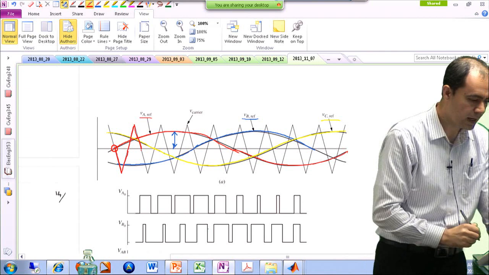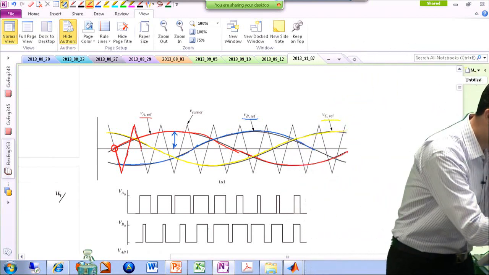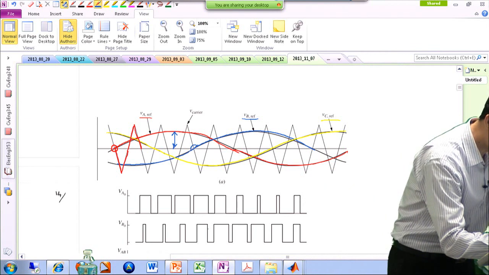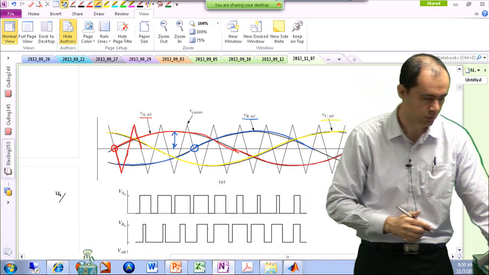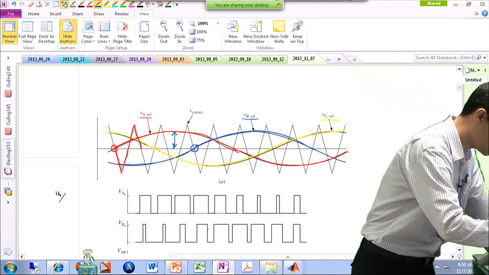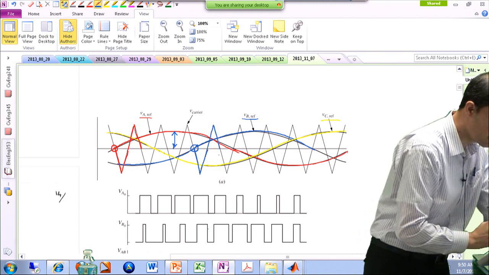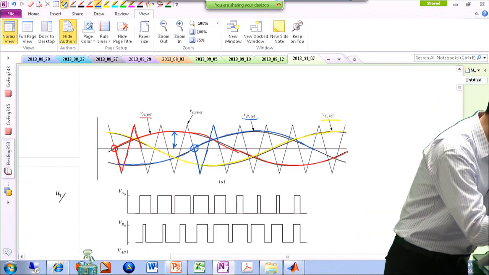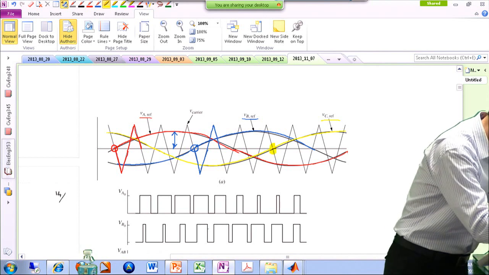All right. And we kind of want to do the same thing for other phases. You can see that for phase B, almost the same thing happens. Whenever your phase B reference is going from a negative value to a positive value, your triangular goes to negative first, then comes up to positive. And also for phase C, you can focus here and make the same argument over here.